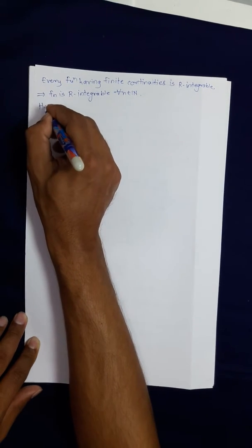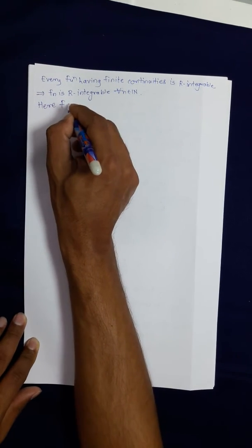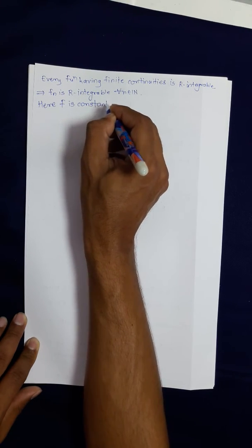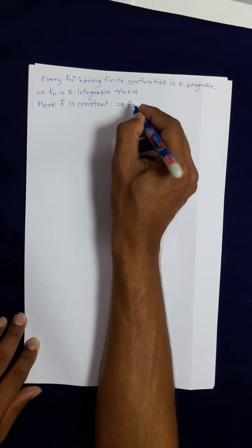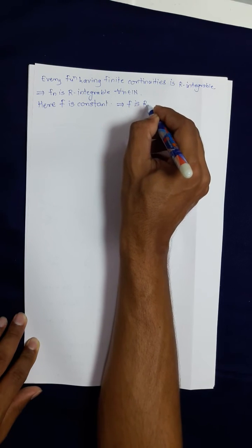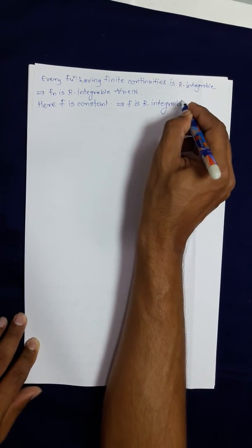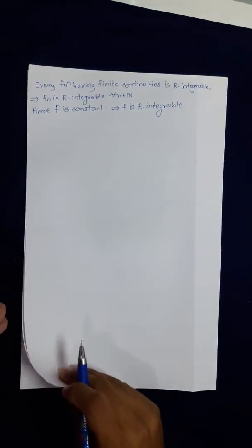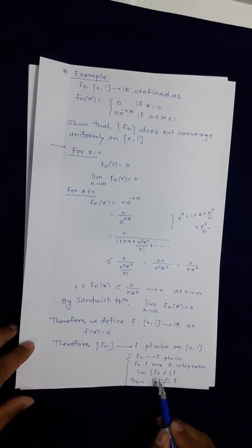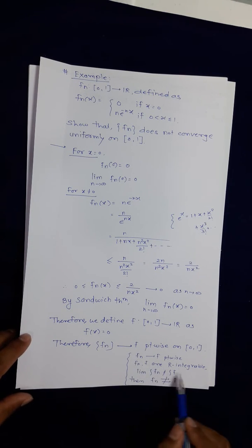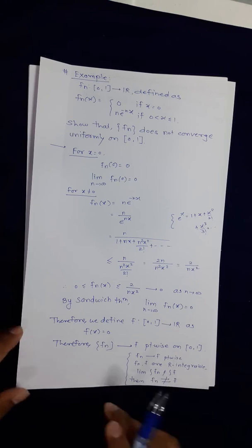Here f is constant, which implies f is R integrable, since every constant function is R integrable. Now we have to complete one thing only: that the limit of the integration is not equal to the integration of f. First two things we have already done. Let us go for the last one.